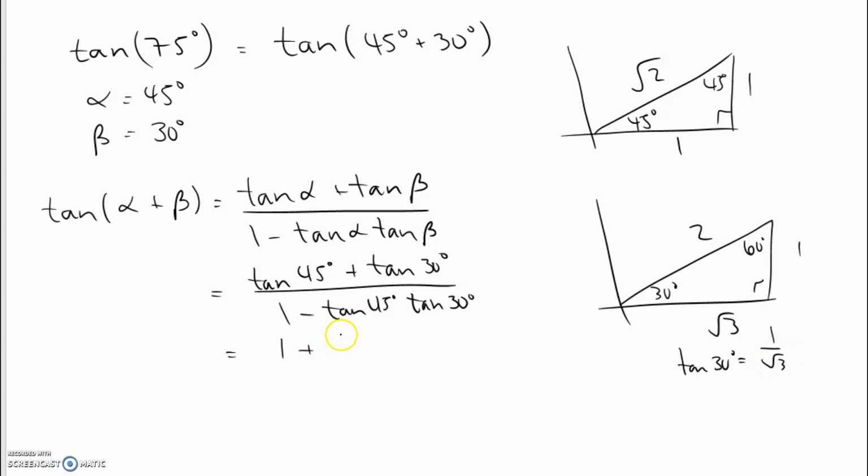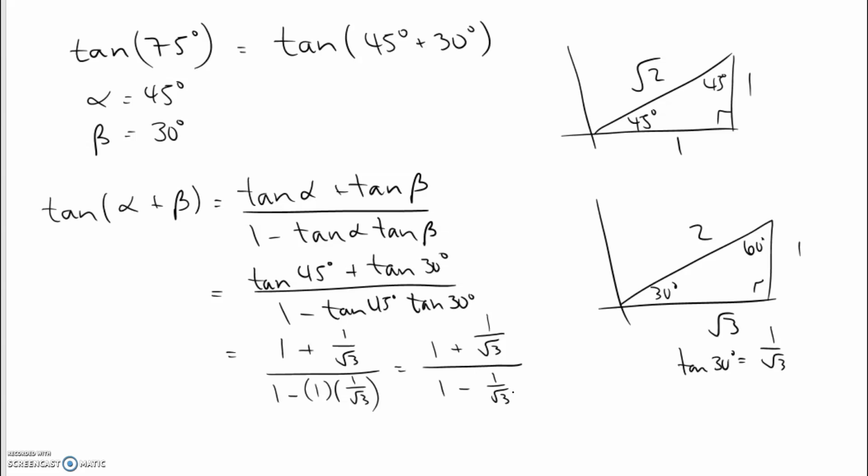Okay, so 1 plus 1 over the square root of 3, over 1 minus 1 times 1 over the square root of 3. That's the same thing as 1 plus 1 over the square root of 3 over 1 minus 1 over the square root of 3.